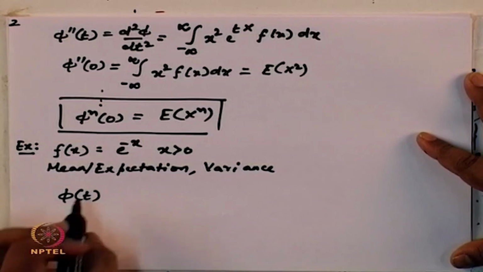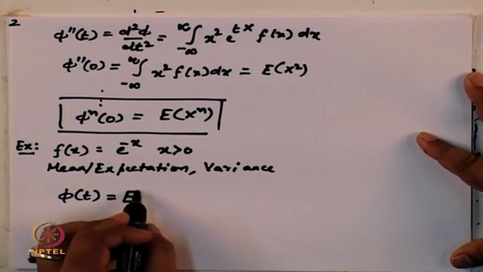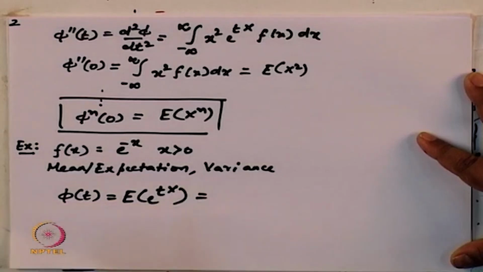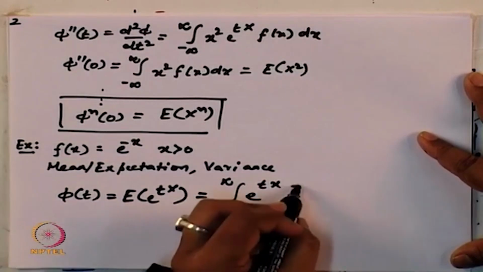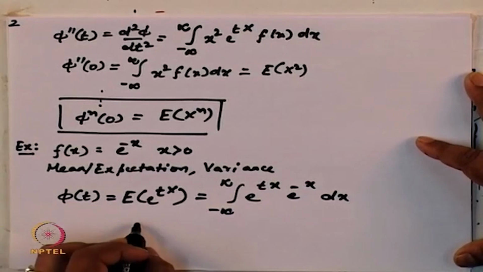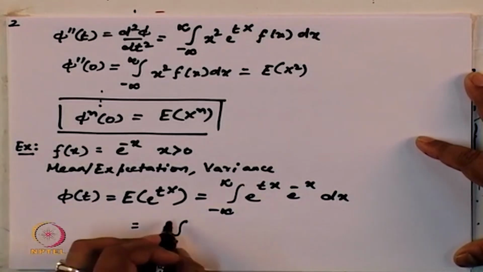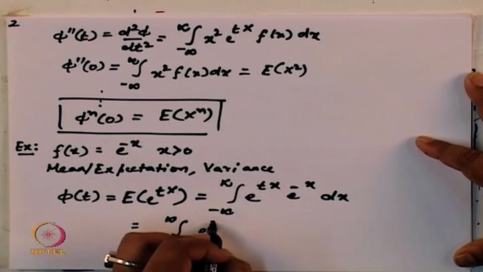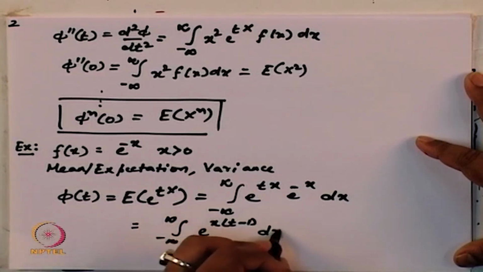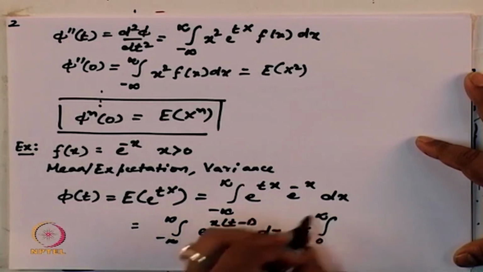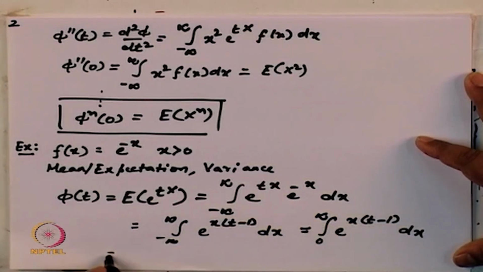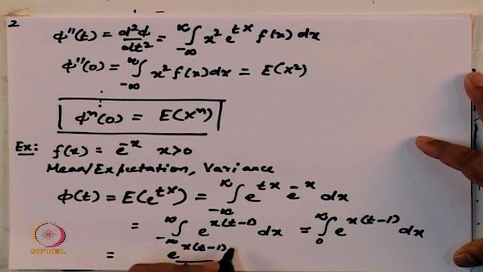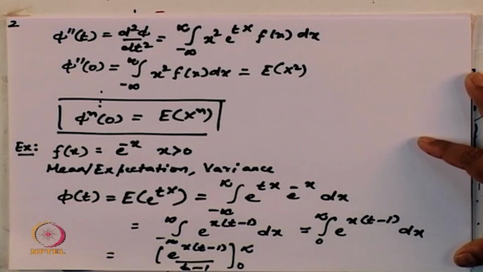So, what do I do? I start with phi of t, which is the expectation of e to the power t x, okay, equal to the integral of e to the power tx times e to the power minus x.